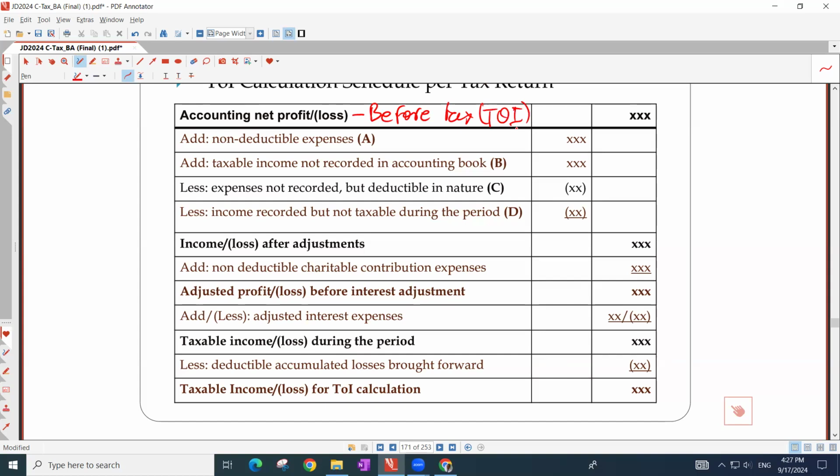We get it from the profit and loss account. So accounting profit or loss. If it is profit, it's positive. If it is a loss, it will be negative.